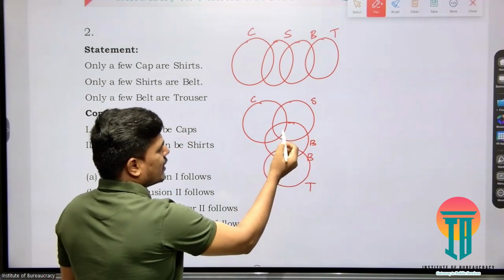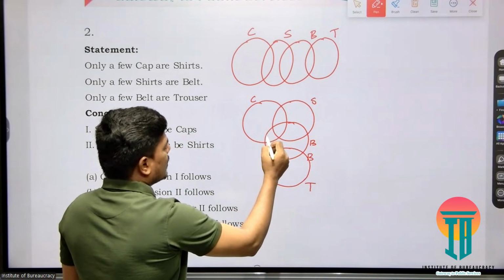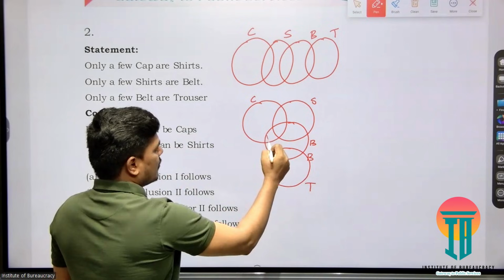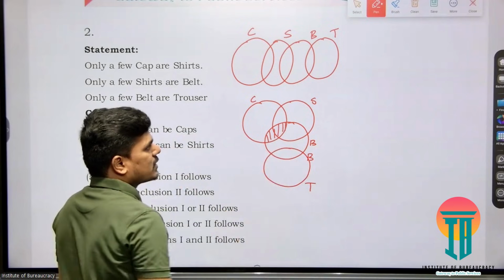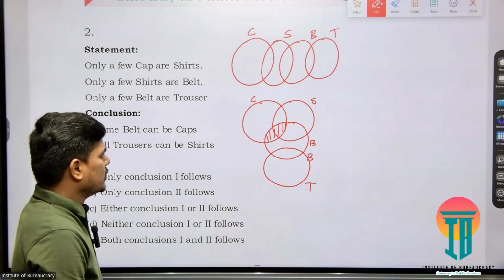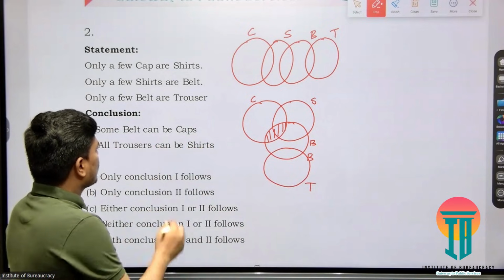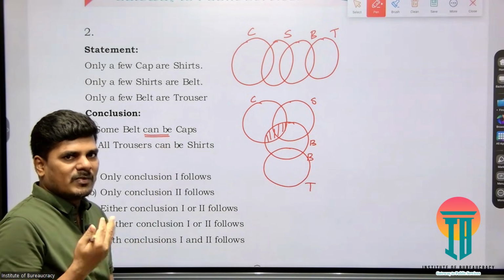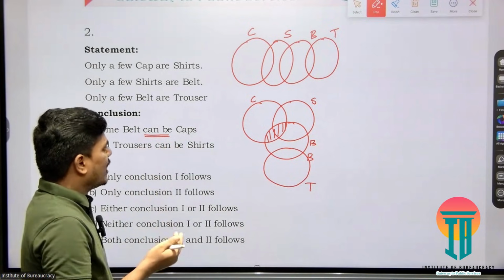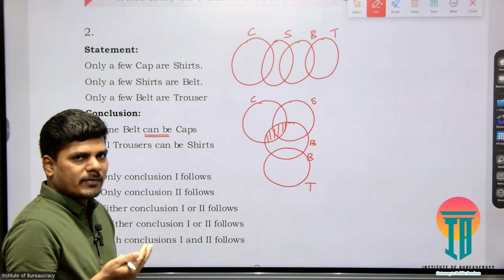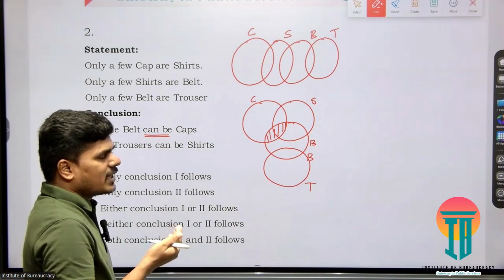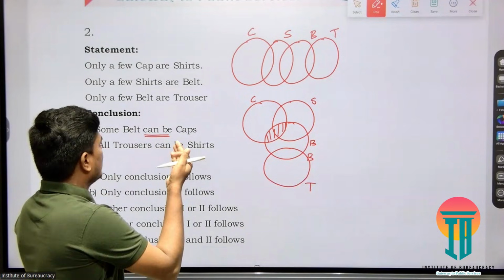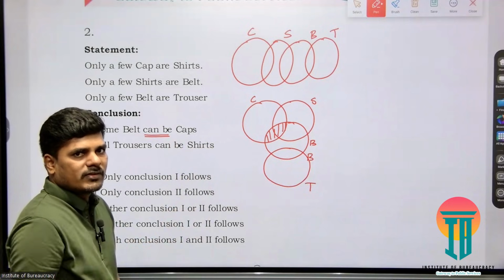If I draw like this, there is a possibility that some belts are caps. So there is an intersection. Yes, it is going to be true if you draw like this. The conclusion says 'can be', which means it's a possibility. Is there a possibility that some belts can be caps? Yes, there is a possibility.